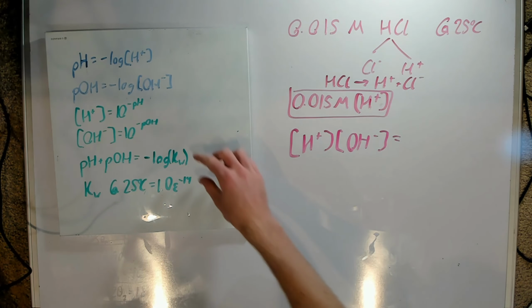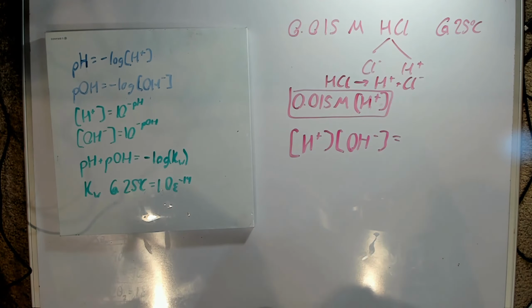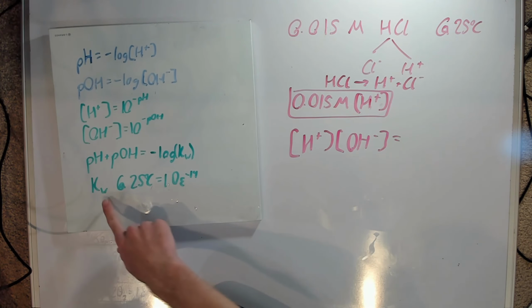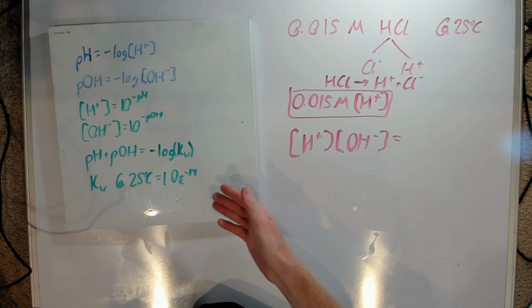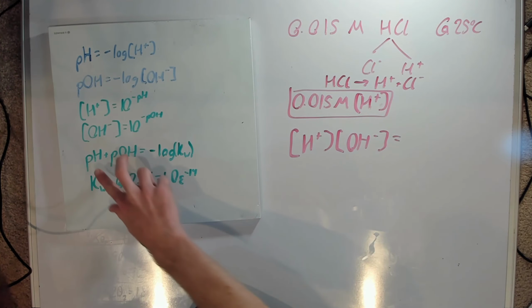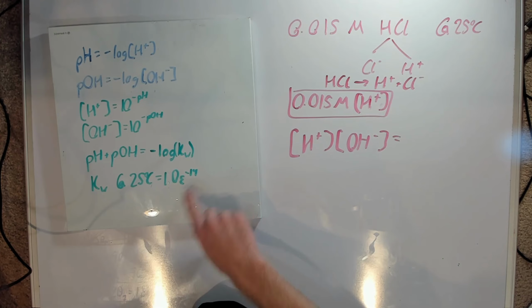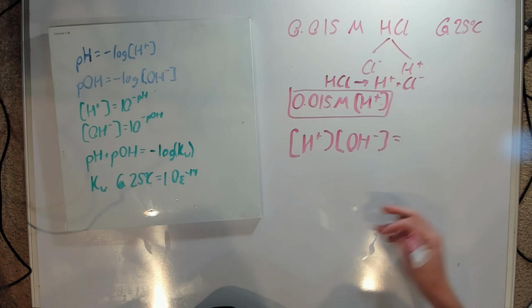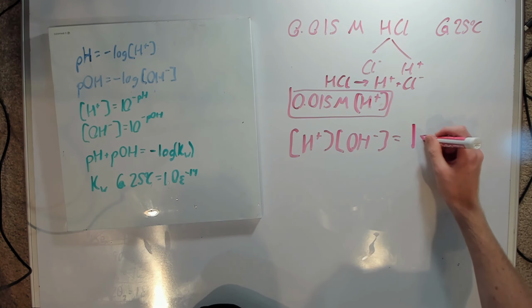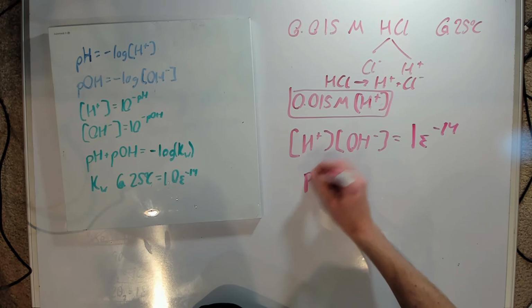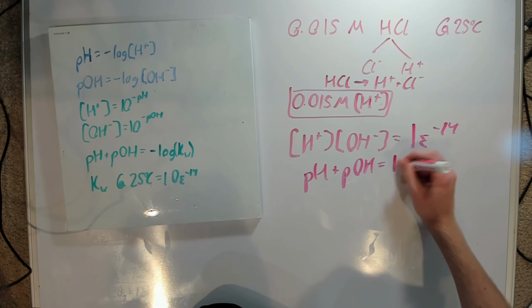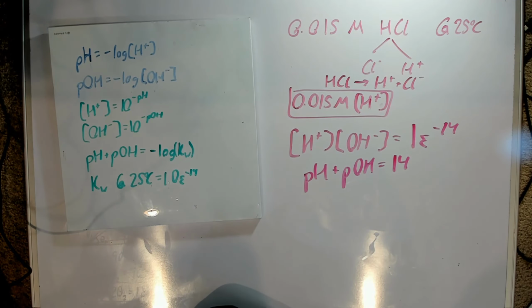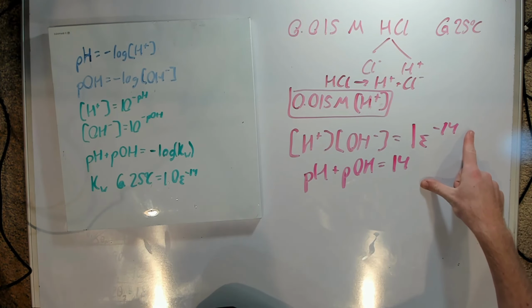At 25 degrees Celsius, KW is equal to 1e to the negative 14th, which is like saying pH plus pOH is equal to 14 at any one point. These will be important equations that we need to know.